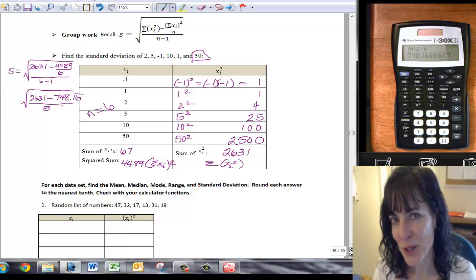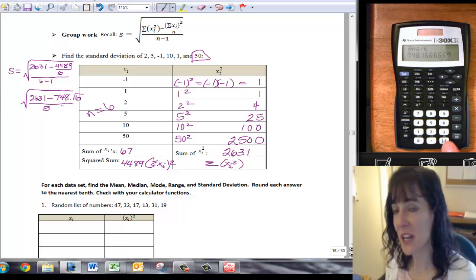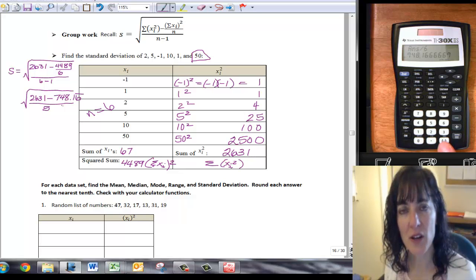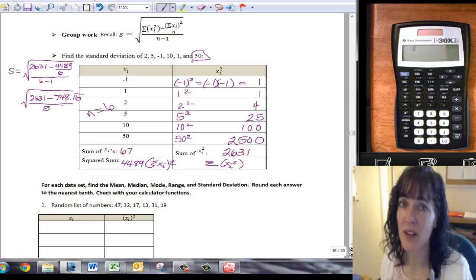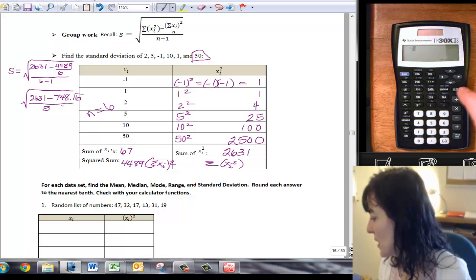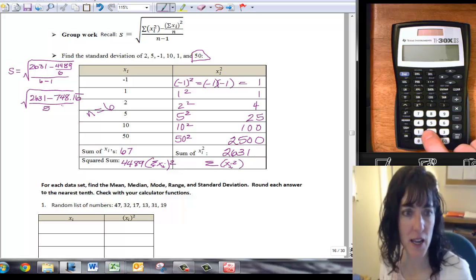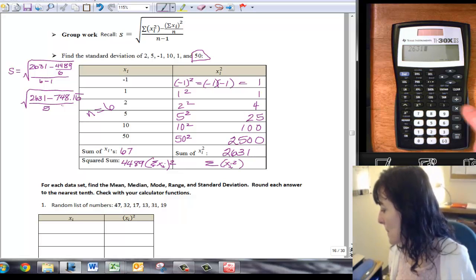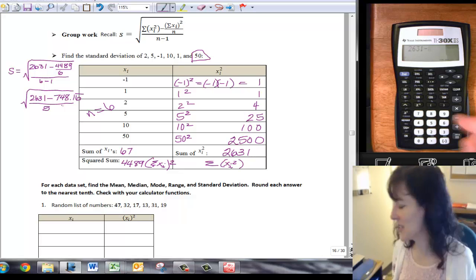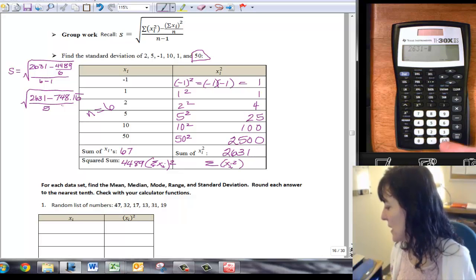Now it's much more crucial. I need to just change my sign, and on this calculator I push the negative and it's just blank. So I want to say, hey, that number that you just had, put it after this negative. On this calculator I have a couple of ways I can do it. I can just start typing that 2631 minus, so it looks just like what I had, and then call up that answer.